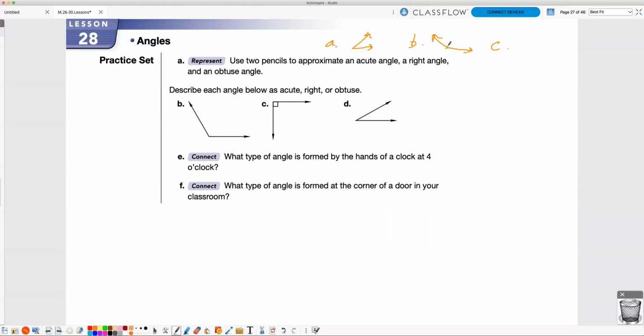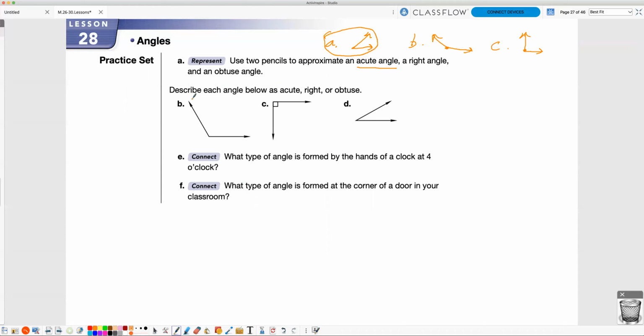So if I've got, this is the vertex here, and then this is the vertex here. So in letter A, why don't you name which one of these would be the acute angle for us on your Edpuzzle. So go ahead and choose A, B, or C. Which one would be the acute angle? Okay, if you would have chosen A, you would have been correct.